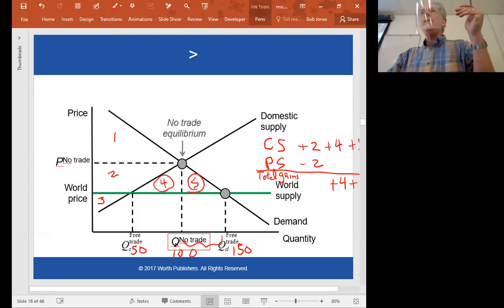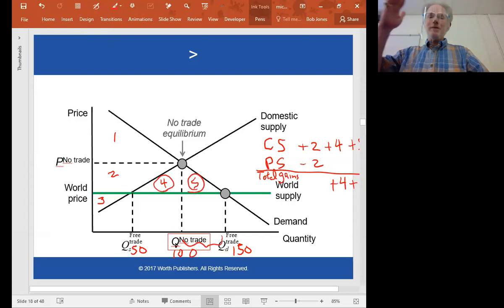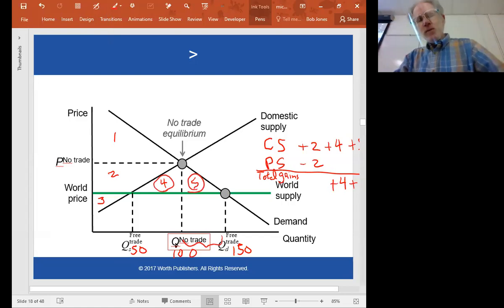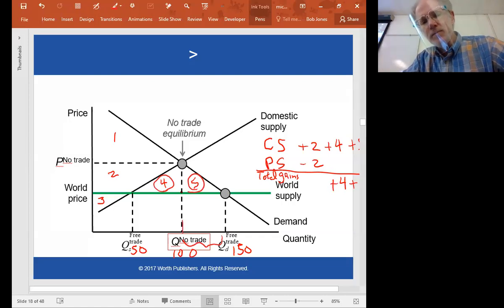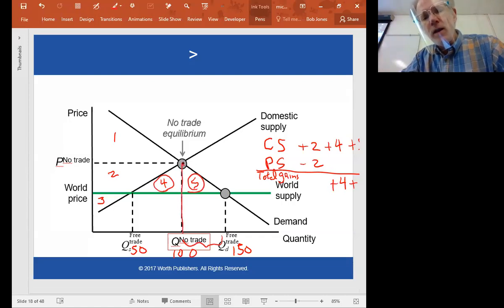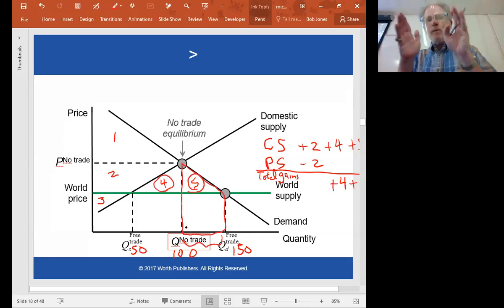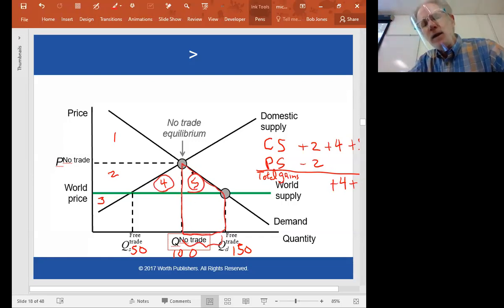And how do we find consumer surplus? It's always the area below the demand curve and above the price line. So the benefit to consumers of these extra 50 million units would be the area under the demand curve. Well, the maximum they would be willing to pay would be the area under the demand curve between 100 million and 150.